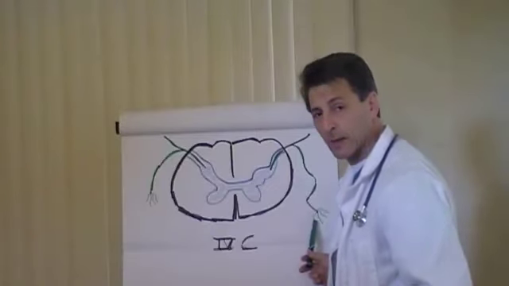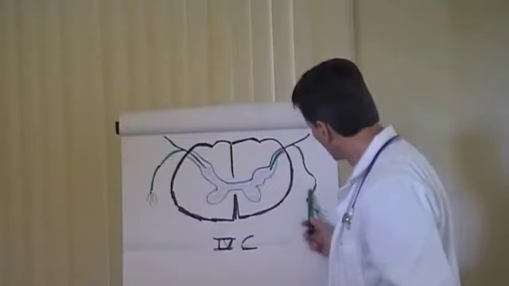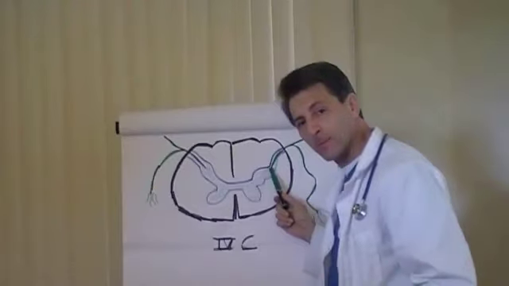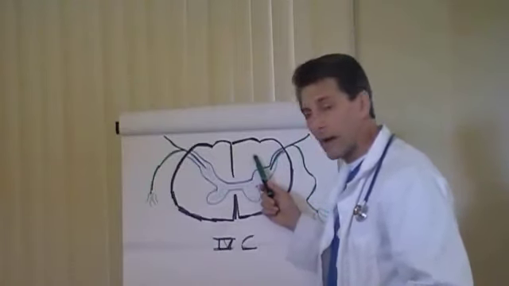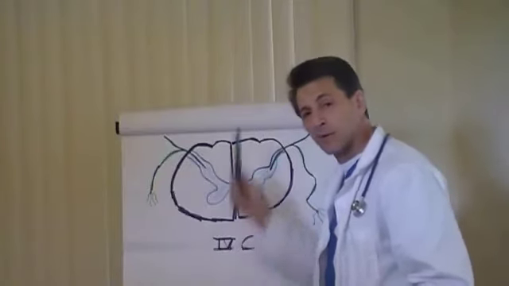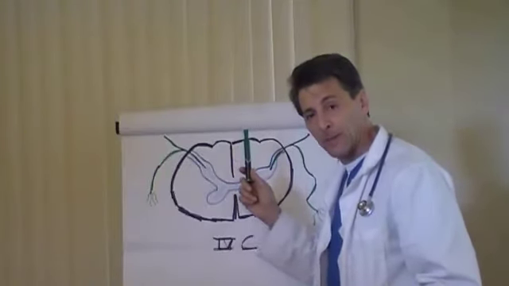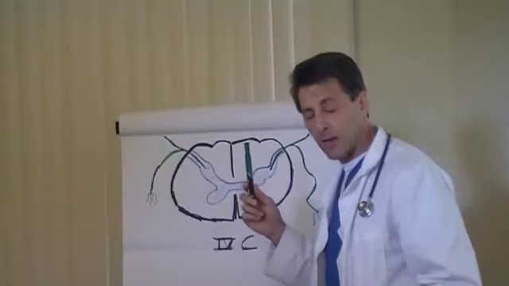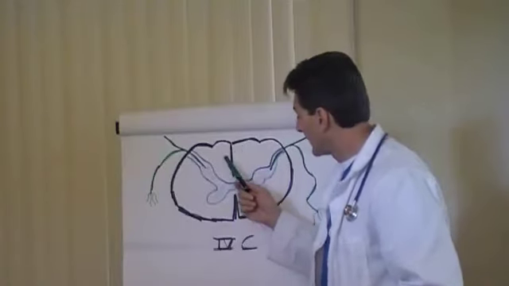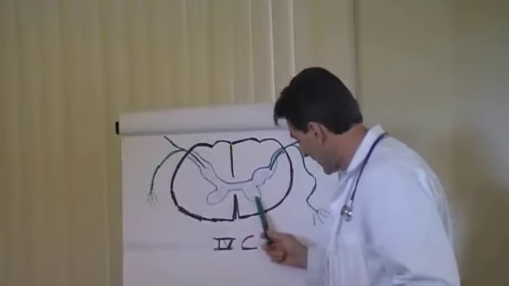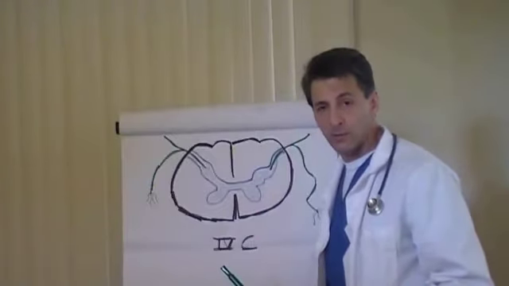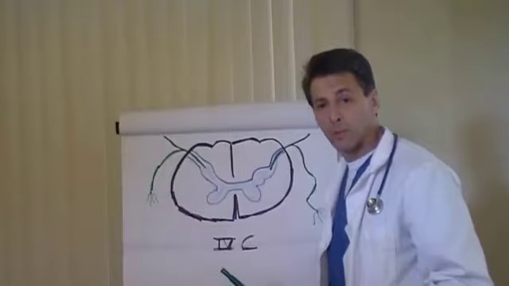Pain is what we're talking about here, from injury. The signal goes into the gray matter. The gray matter has a connection, or a wire, to the white matter. The white matter sends that signal up to the brain. The brain processes the signal and sends it back down through the white matter, back to the gray matter, and then out to your muscles for a response.